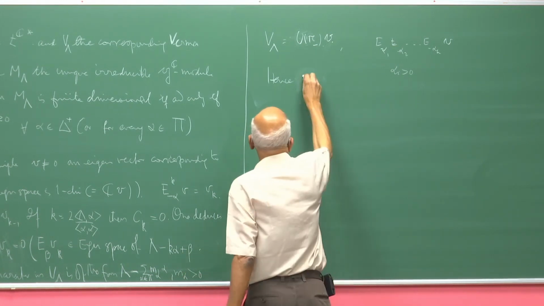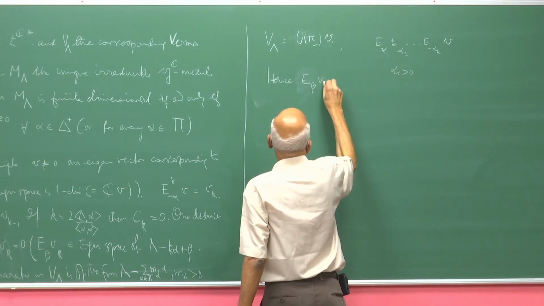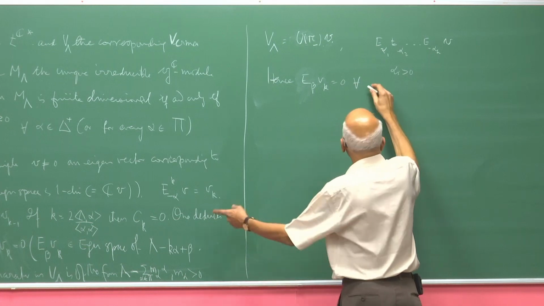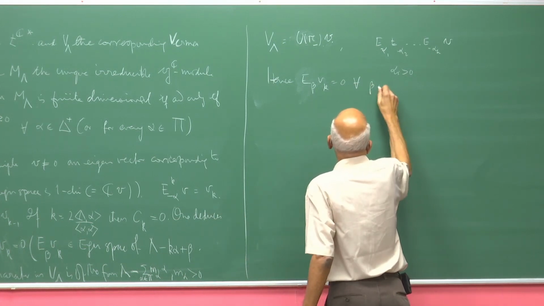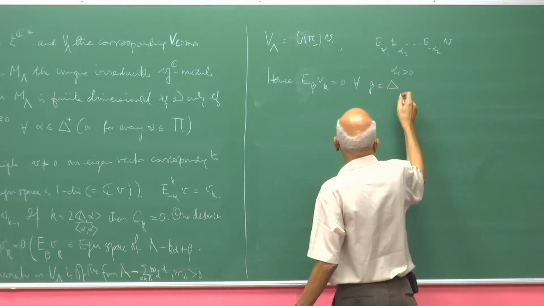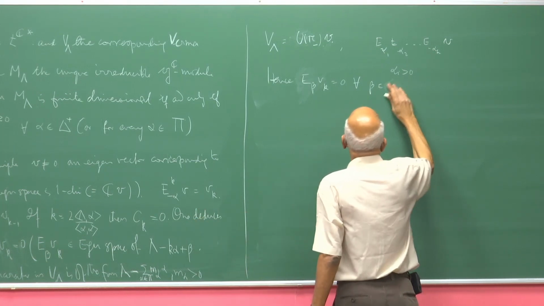Yeah, let's see, E_β v_k is 0 for every simple root including α, because for α it is by choice. So for every β in π.